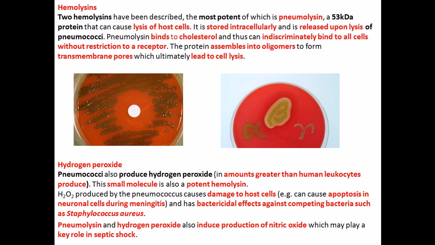There is another dangerous effect of Streptococcus pneumoniae, which is the production of hydrogen peroxide, because pneumococci can produce this reactive molecule. It can generate reactive oxygen species, which act as radicals to damage the host cell, and it can also cause apoptosis in neuronal cells during meningitis.